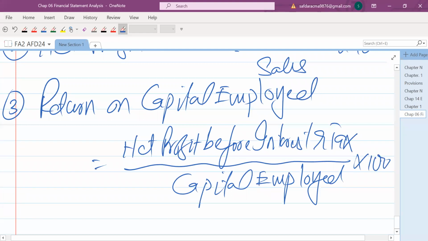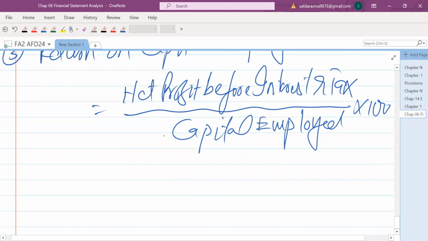And capital employed हमारे पास कैसे कैलकुलेट करते हैं? How we can calculate this?